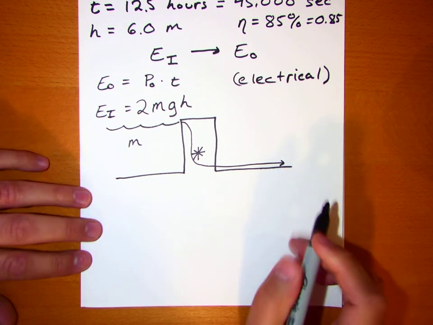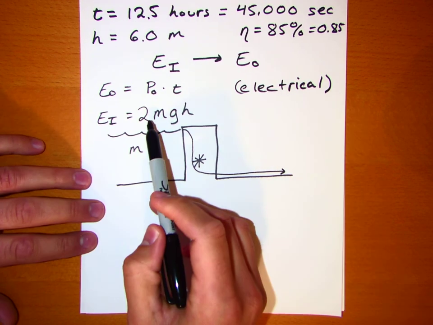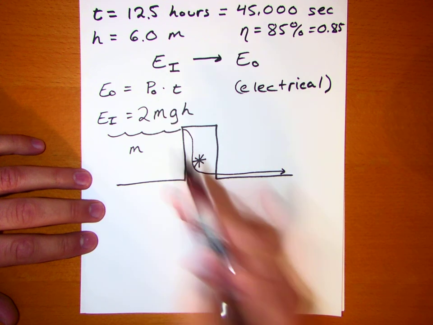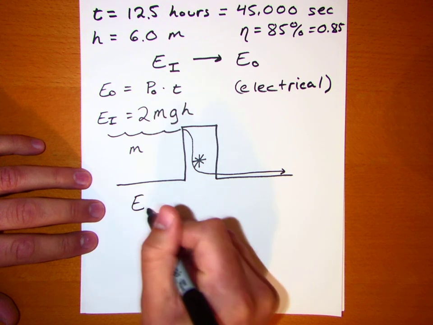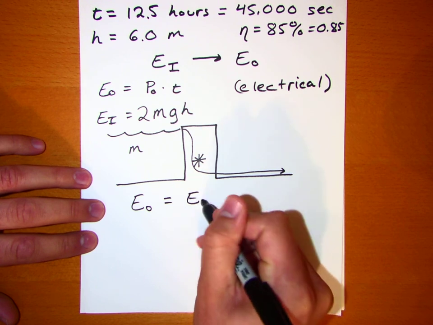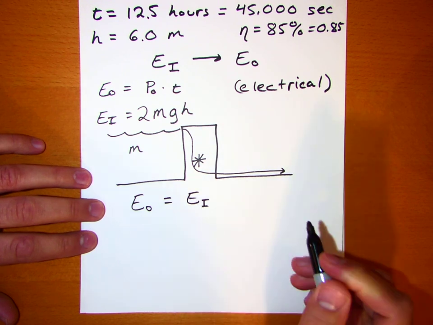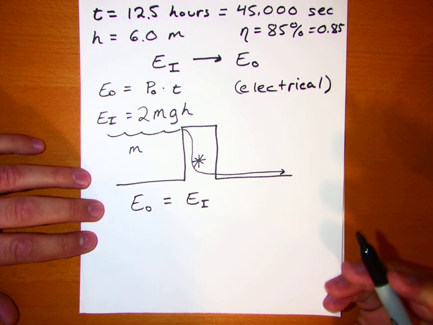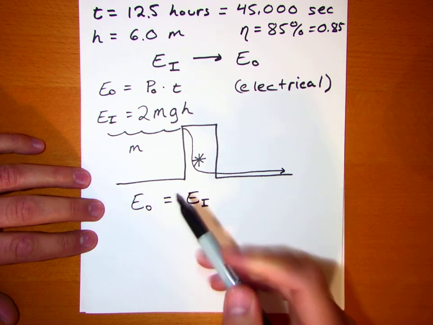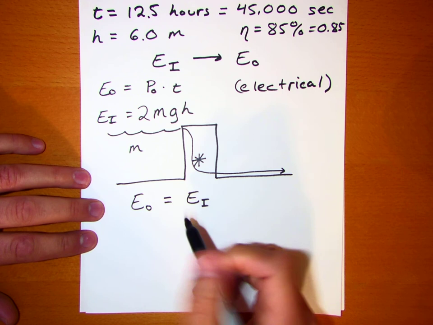Okay, so we've got the input energy to the system, and there's the output energy. It would be kind of neat if we could just say the energy out is equal to the energy in. Well, that would be true in a perfect world, except with any real system, you're going to have losses. Not everything is going to get converted to electrical energy exactly.